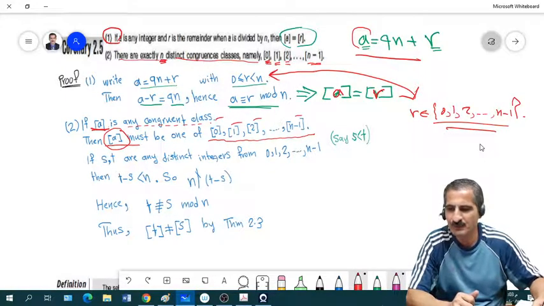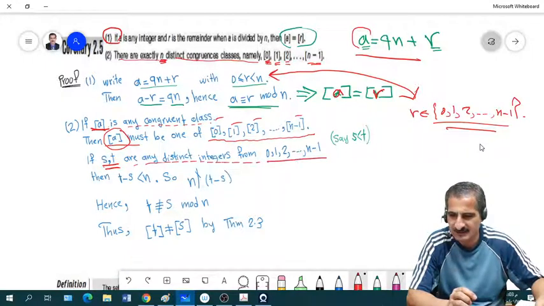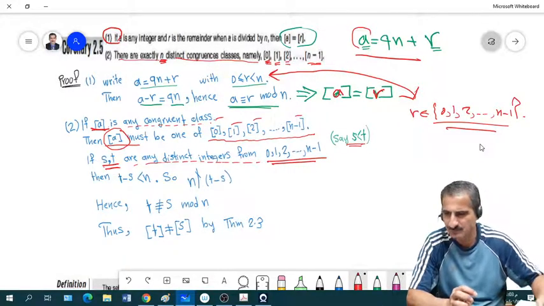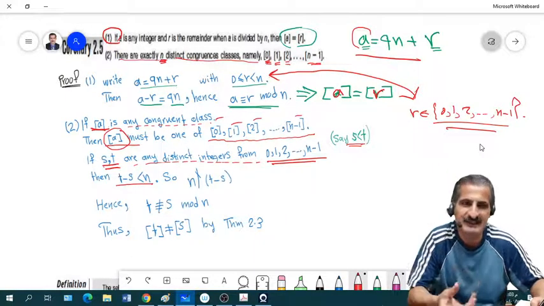Now how do we prove these equivalence classes are distinct? If we choose s and t to be any distinct integers from this set, we may assume s is less than t, then their subtraction is less than n, because each one of them is less than n.